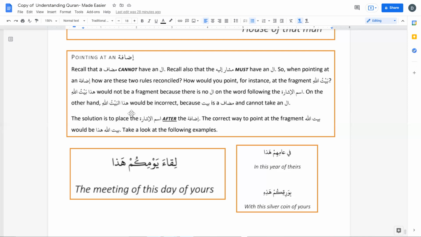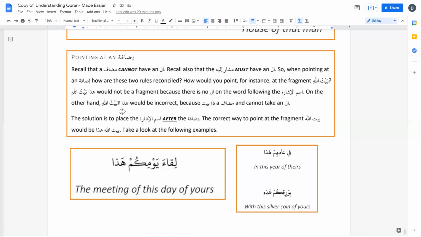On the other hand, hadhal baitullahi would be incorrect. We cannot say hadhal baitullahi because al cannot come on the mudaf. So this is incorrect.